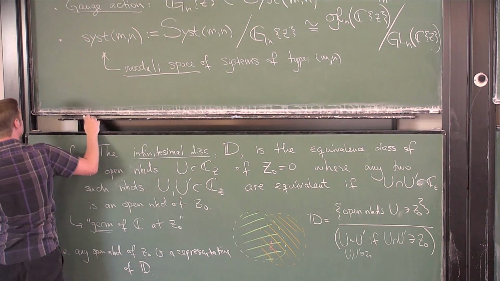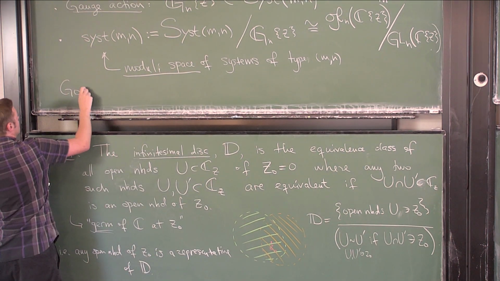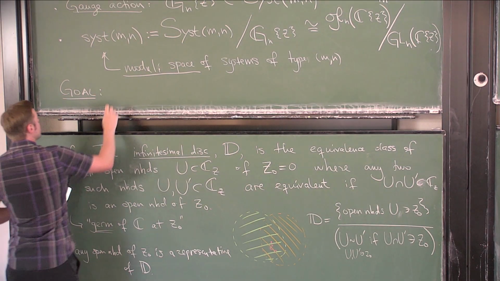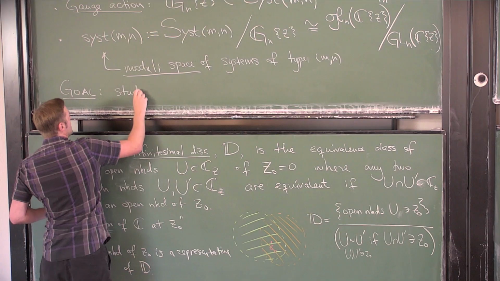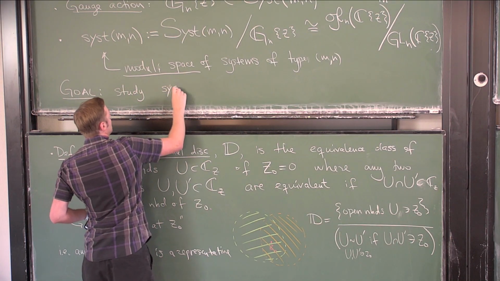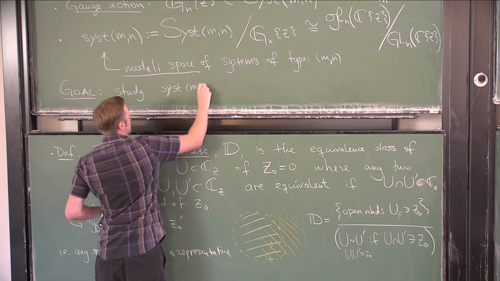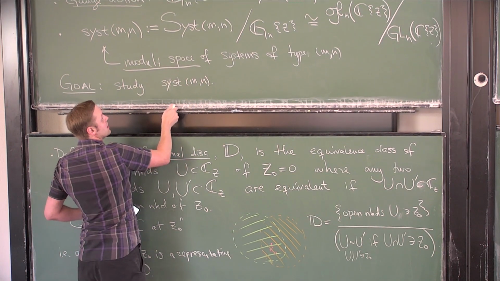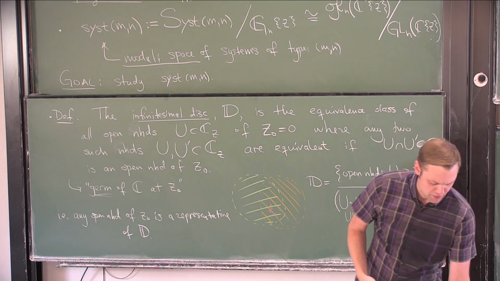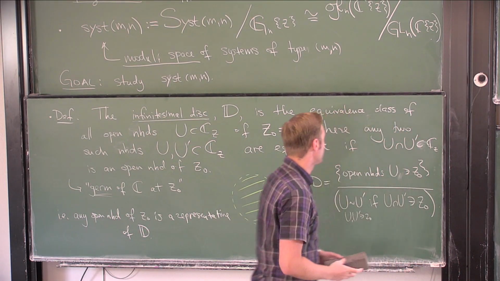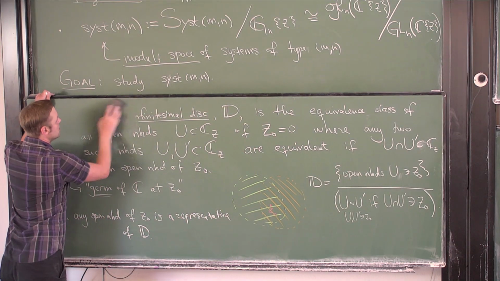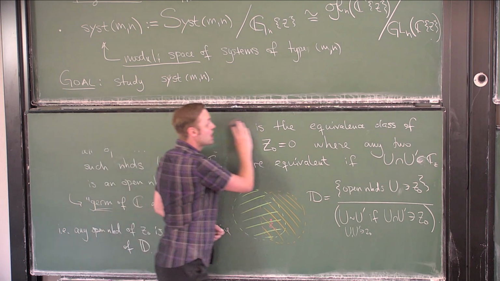And so my goal now is to study these moduli spaces. I want to understand what they look like. So this is just a rephrasing of saying I want to now understand what systems look like up to gauge transformation.